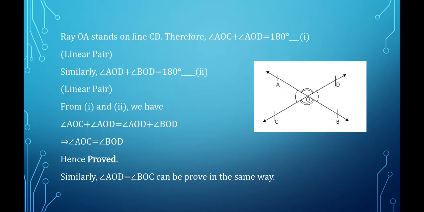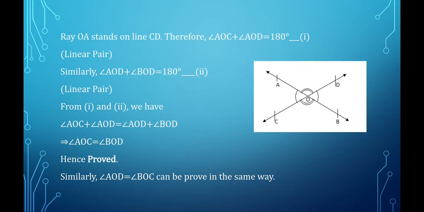In the figure, OA is a ray standing on the line CD. So as per the linear pair property, angle AOC plus angle AOD is 180 degrees. So we know from axiom 1, if ray AO stands on the line CD, then AOC and AOD give you the sum as 180 degrees.